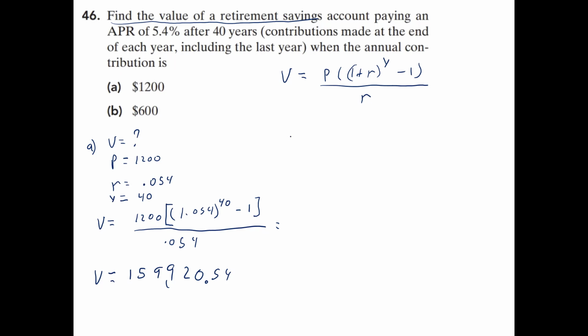Right? Now, for part B, the only thing that you've changed is your payment, your principal, how much you're going to deposit each month is now half. It's 600, right? So then same formula, 600 times 1.054 to the 40th power minus 1, all divided by 0.054.